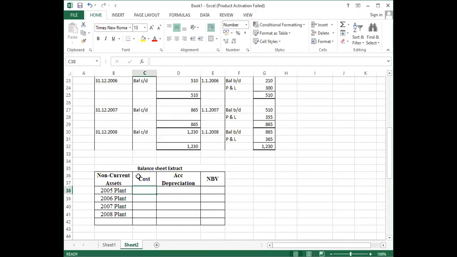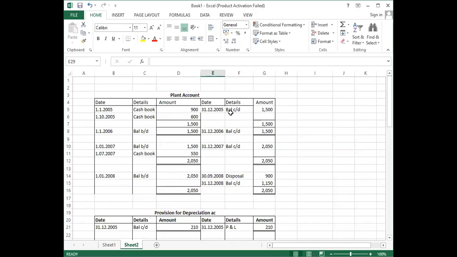So what was the cost in 2005? Someone give us the cost of the equipment that we had in year 2005. What was the amount as at the end of year 2005?